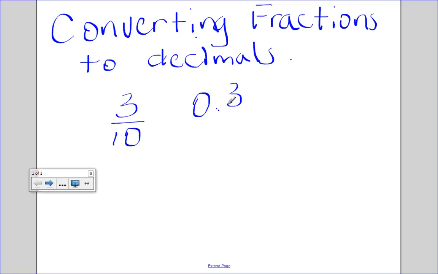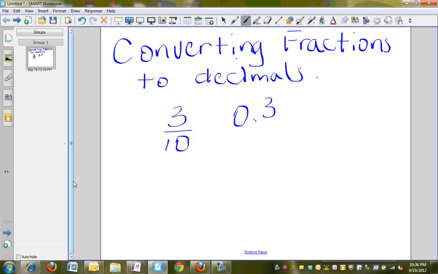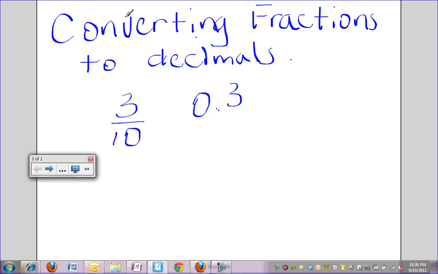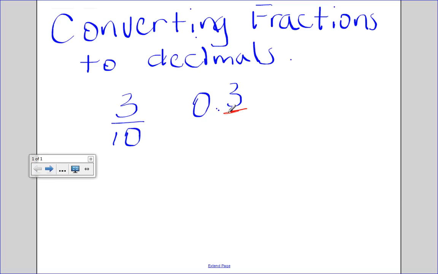Because this 3 is in the tenths place, right? This is the tenths place.